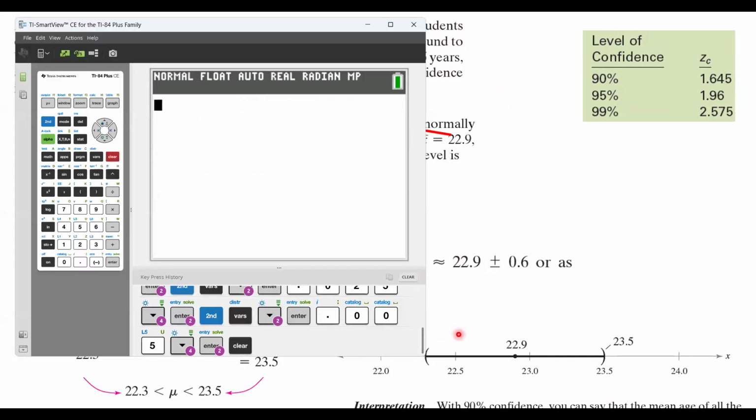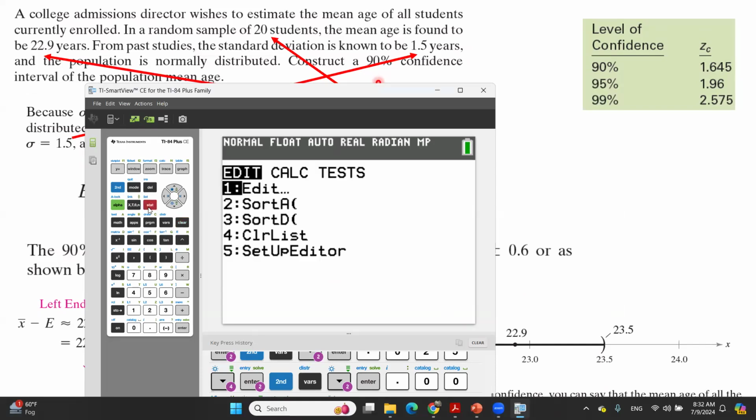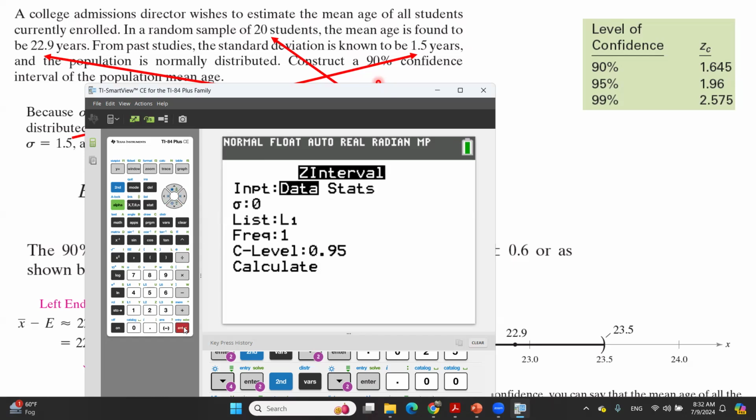Okay, let us share the screen and at the same time have the data ready. So here, go to Stat and then go to Tests. Now we need to find the Z interval, option 7. We want to find the Z interval. Click Enter.